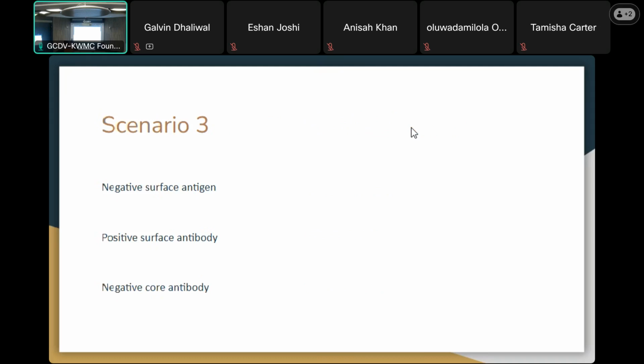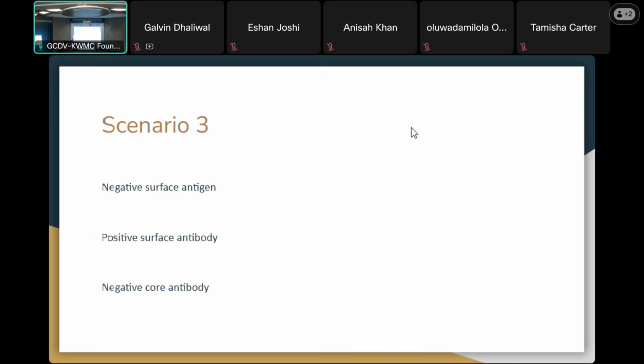What does that mean? So surface antibody, if it's positive, that means they're immune, whether it's from previous vaccination or from previous infection.